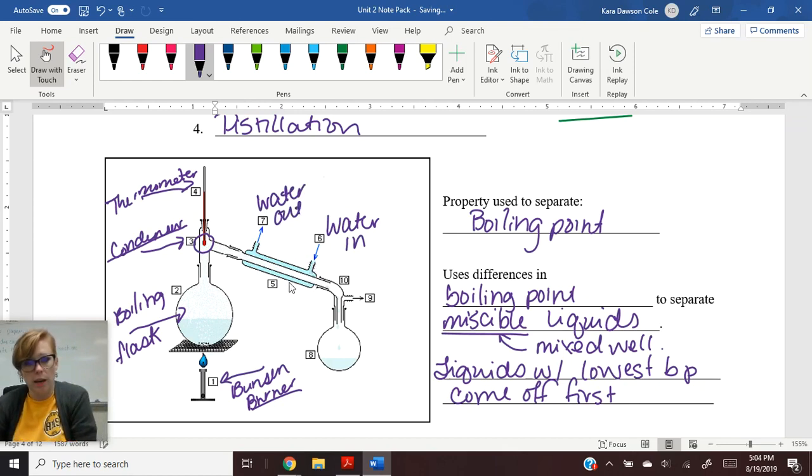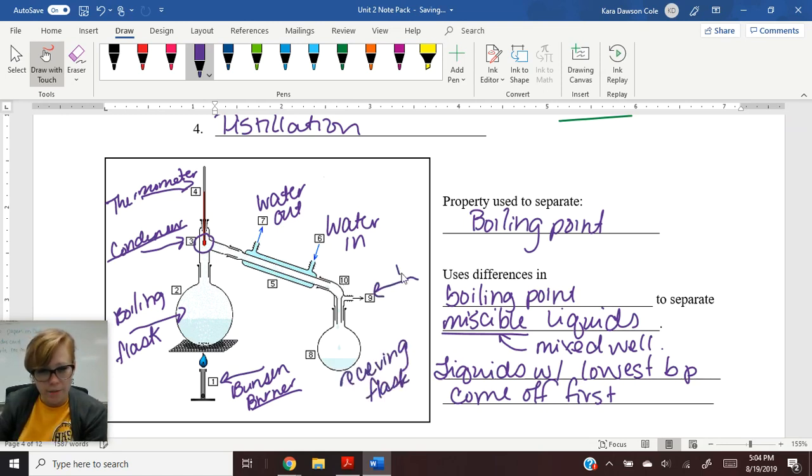So essentially what happens, and I didn't have this set up because I can't get my water to set up to the condenser, is I have water in and water out. Essentially what this does is it keeps this piece cool so that I can condense down into this receiving flask.